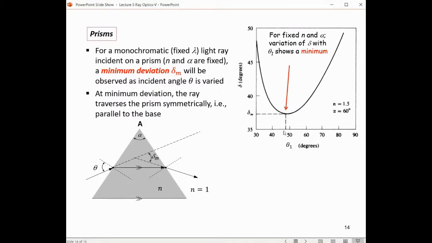At the minimum deviation condition, the ray actually traverses the prism symmetrically. That is, the ray through the prism is now parallel to the base of the prism. And from here, we can find that the refractive index can be given as the ratio of the sine of the minimum deviation angle plus the apex angle, divided by 2, over sine half of the apex angle.